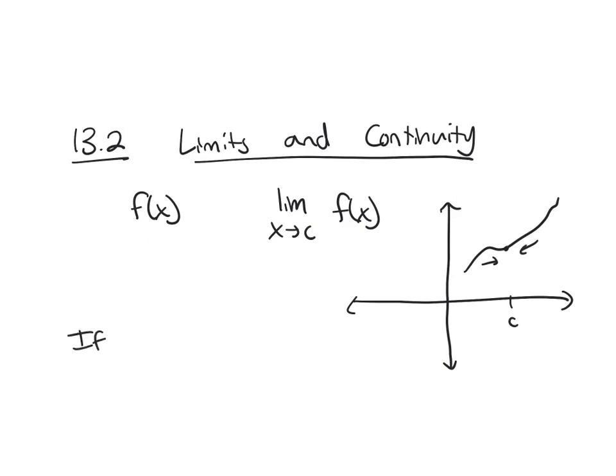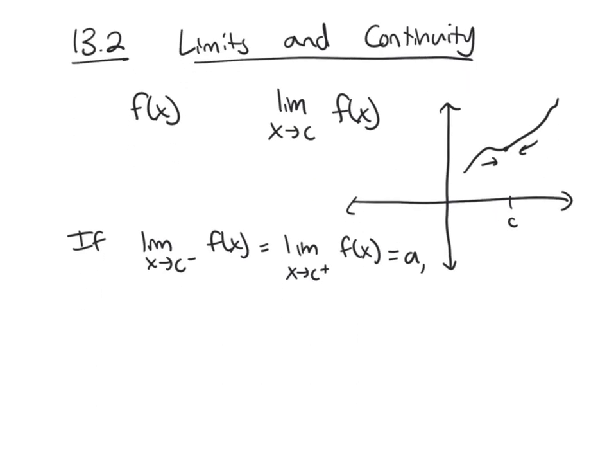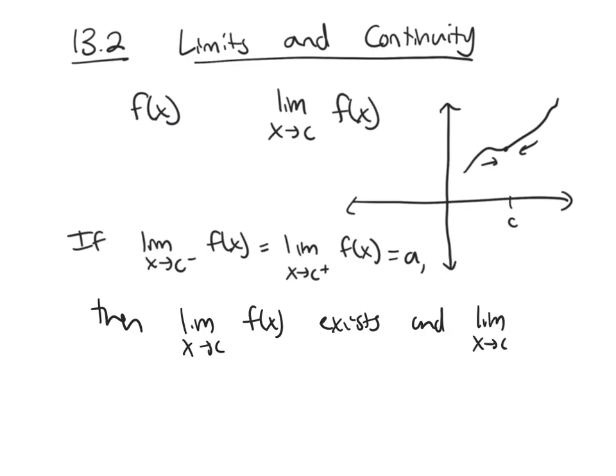And if those limits existed and they were the same, then we would say that the limit exists, and the limit as x goes to c would be equal to a.